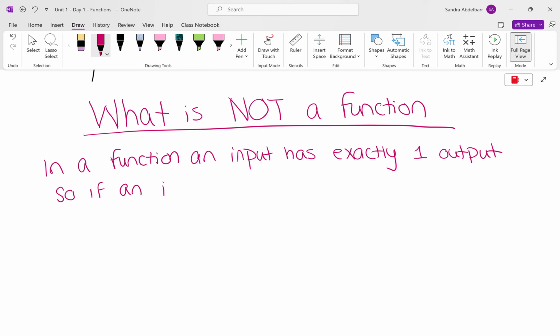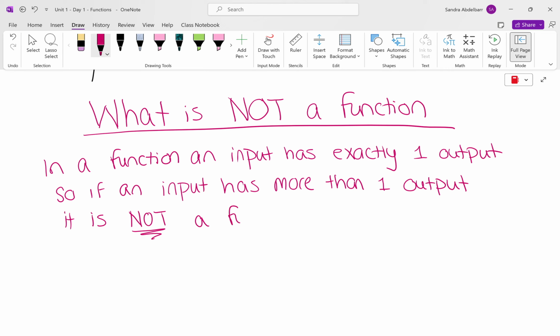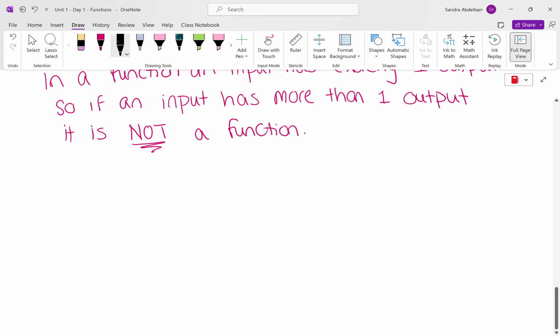So if an input has more than one output, it is not a function. Okay, let's look at an example.